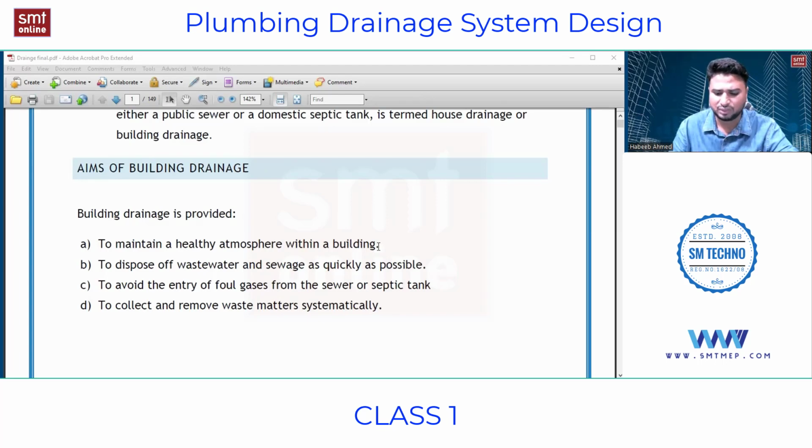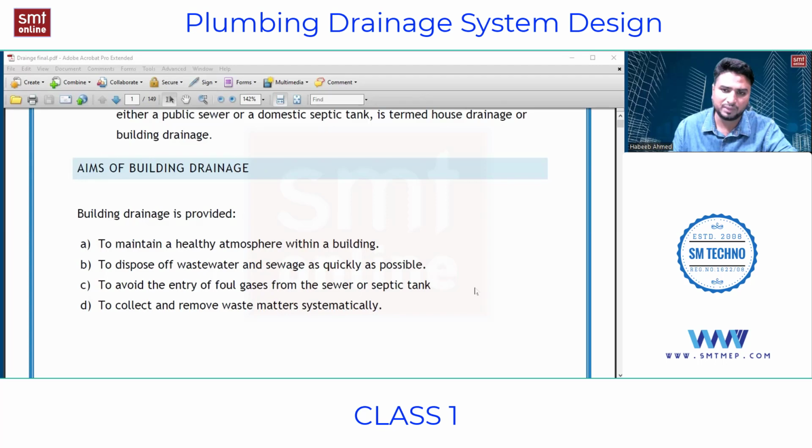For example, if someone has used a fixture, one of the aims of the building drainage system is to drain off the water, sewage or wastewater from the building as soon as possible. We maintain a healthy atmosphere by disposing of wastewater and sewage as quickly as possible, to avoid the entry of foul gases from the sewer or septic tank.